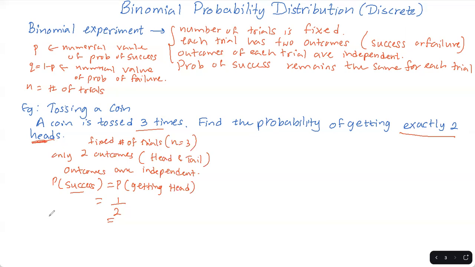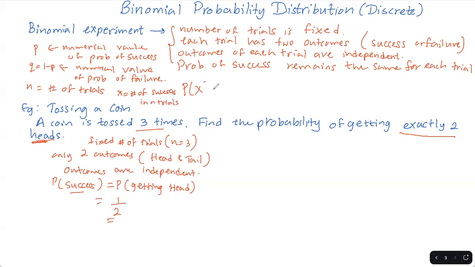When you have a binomial experiment, the probabilities can be calculated like this, when you need to find the probability of exactly X successes. Here X represents the number of successes in n trials, right?